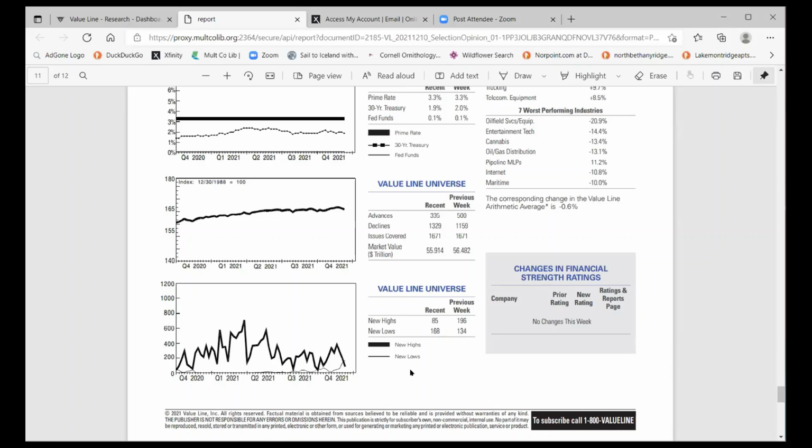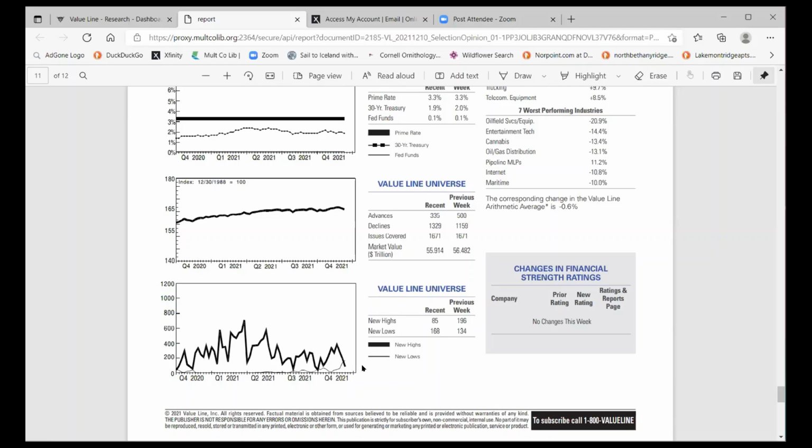The other area I look at very carefully, although I am pretty much aware of what's going on because I spend a lot of time keeping up on it, is the new highs and new lows, again, within Value Line, not in the whole world, but in Value Line. And it's pretty dramatic.